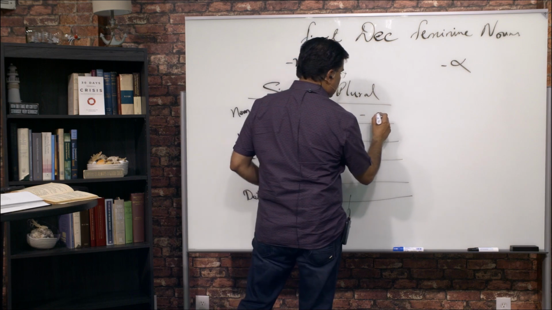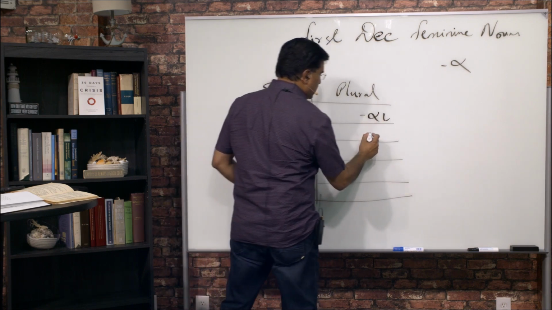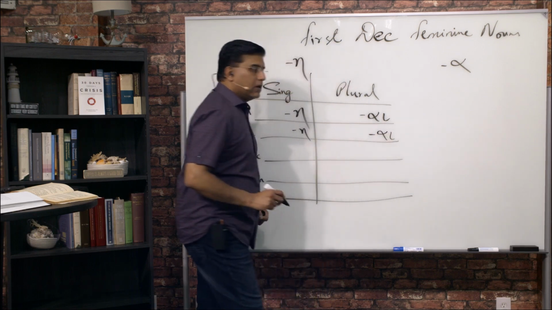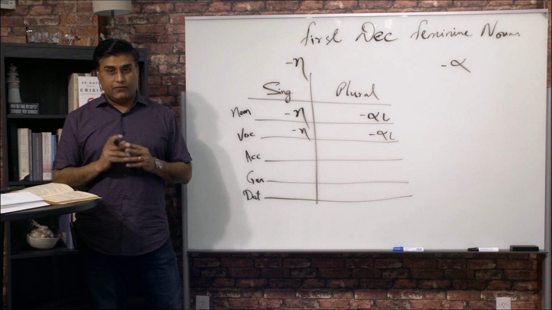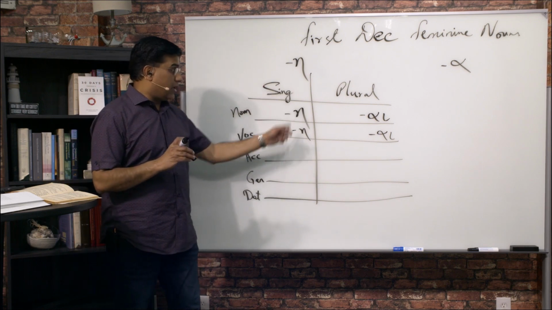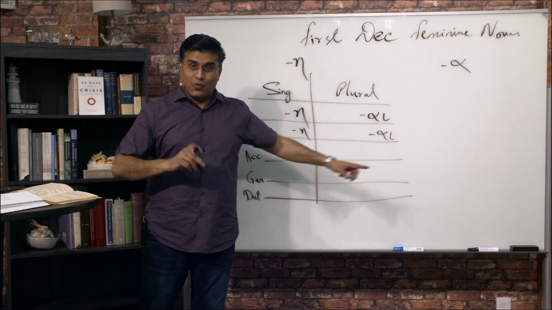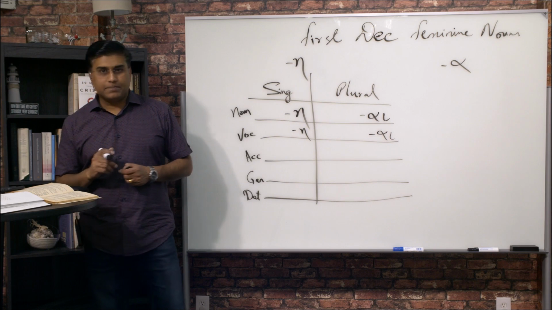Eta, ai. So both the nominative and the vocative forms are exactly the same for the singular and the plural. What helps us is the context. So keep that in mind.